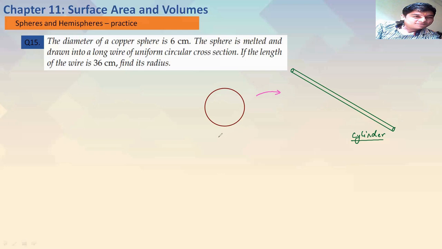We had a copper sphere, so this is sphere. Okay. Now, tell me what is the radius of the sphere? Find out from the question. Radius of sphere.